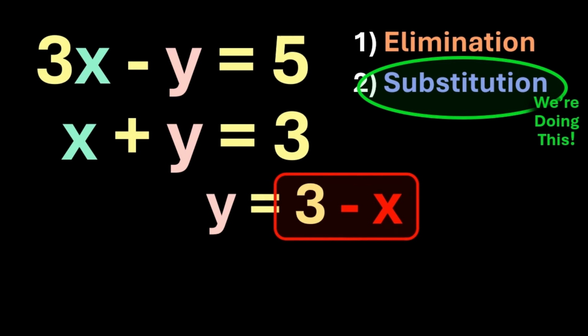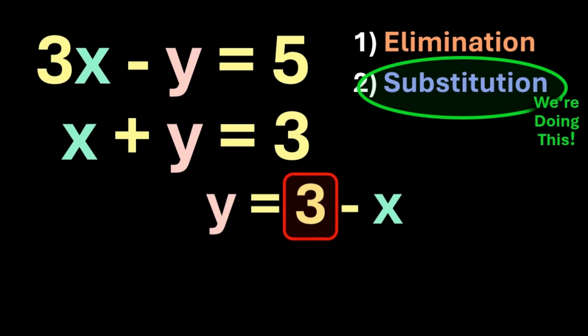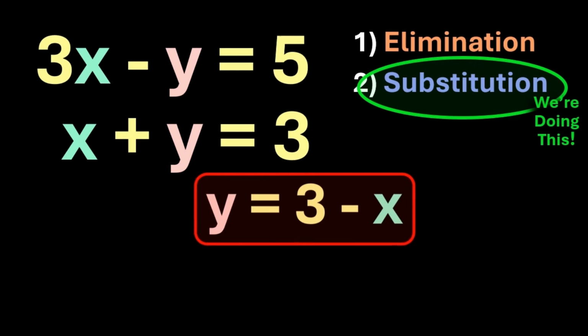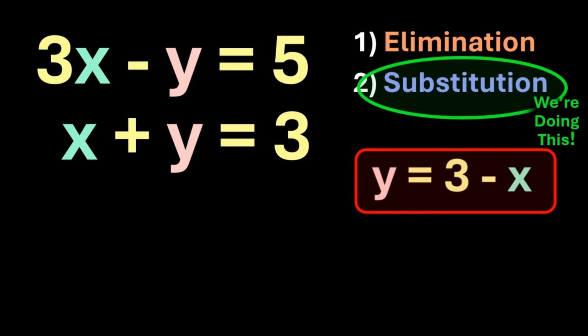And on this side, 3 minus x stays as 3 minus x. We cannot subtract these two because 3 is an integer term, while x is an algebraic term. And that's another super important rule you must never forget. You can never add or subtract plain numbers from algebraic terms like x or y. And so we have found y equals 3 minus x.